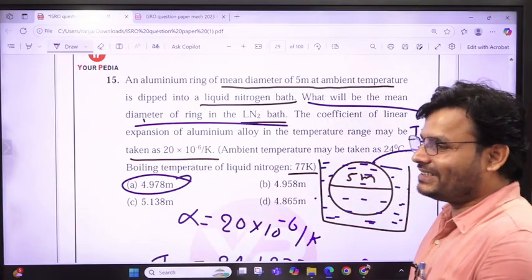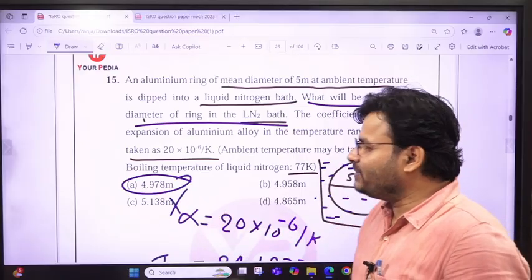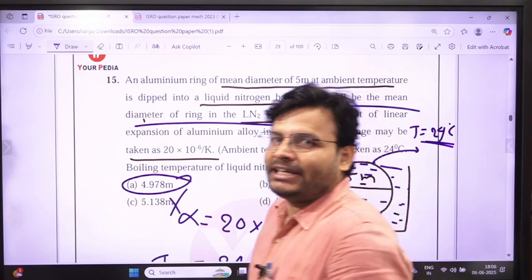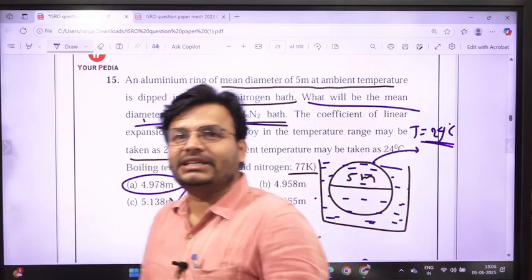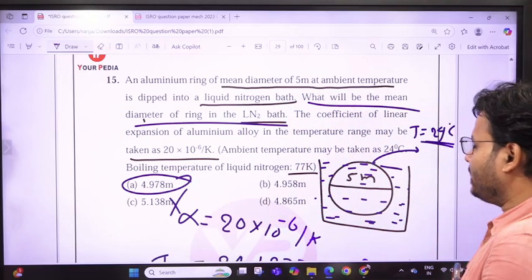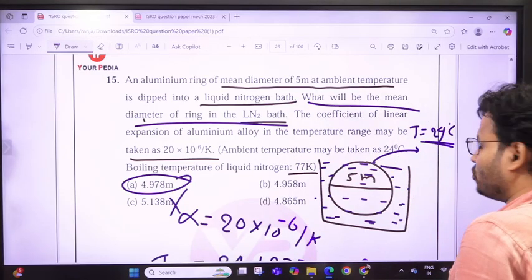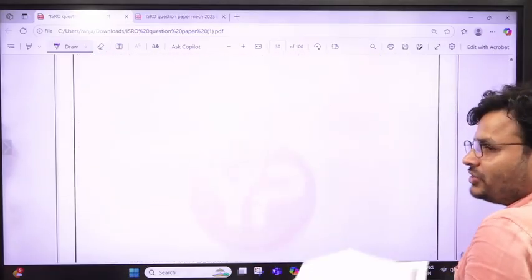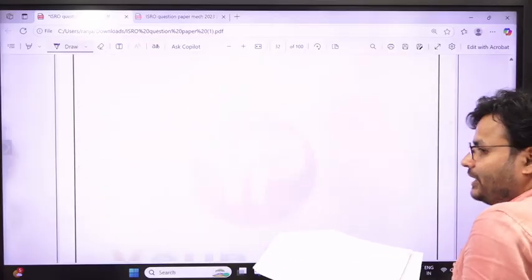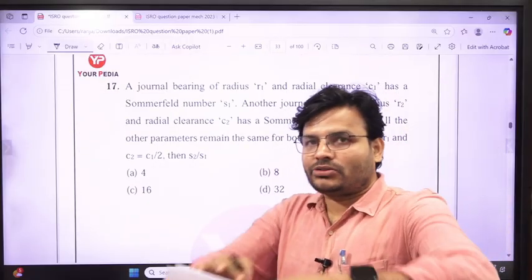Very close answer is there, my dear friends. So even now you can simply eliminate an option: C can't be, because the temperature decreases, so it is not going to expand. It is going to contract rather than increase. So you have to keep that in mind, my dear friends, and proceed accordingly. The main thing in this question is that it is cooling down.